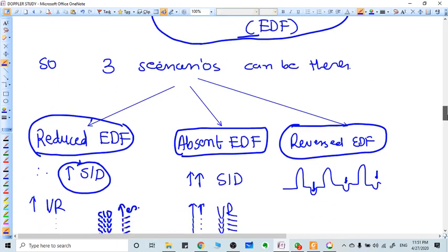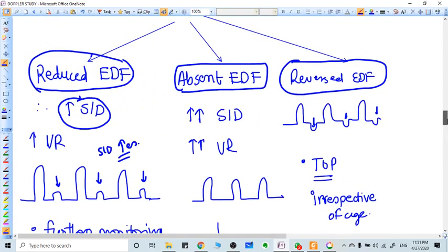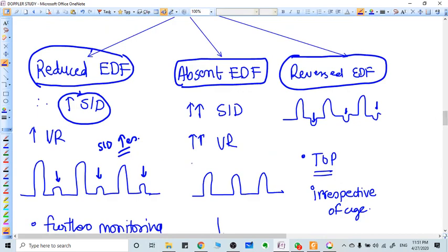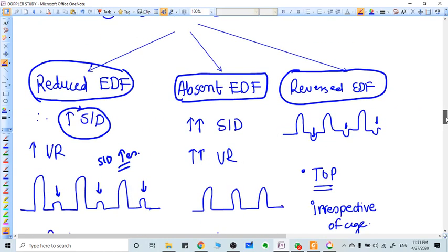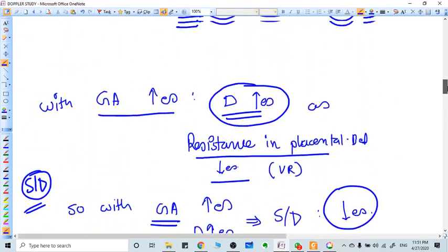So I have told you three different scenarios in this umbilical artery color flow. You need to remember these waveforms.